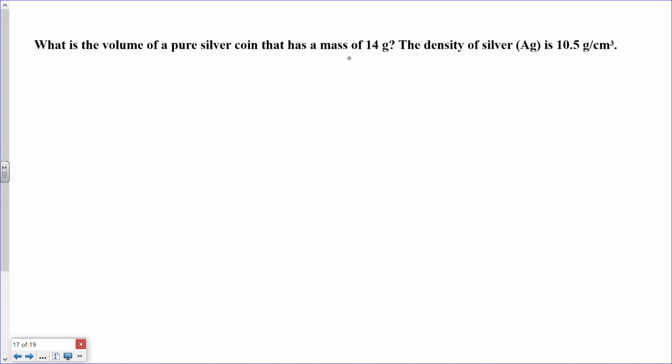The number that we're starting with is 14 grams of silver. So we have 14 grams. And density is actually a conversion factor. What we see here is that there are 10.5 grams of silver equal to every 1 cubic centimeter of silver.